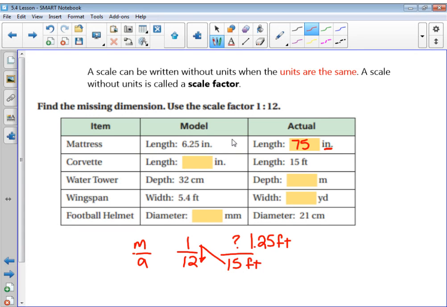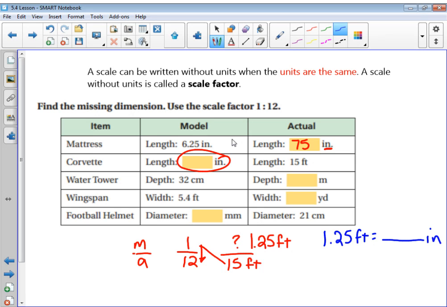Here's where I'm saying it's slightly different, because they are asking for that in inches. So I have to go back to something that we learned previously, I think it was back in chapter 2, working with conversions. If I want to change 1.25 feet, and I'm going to write this off to the side in a different color, 1.25 feet equals blank inches. If I don't remember my conversion, I can look in the back of the book.